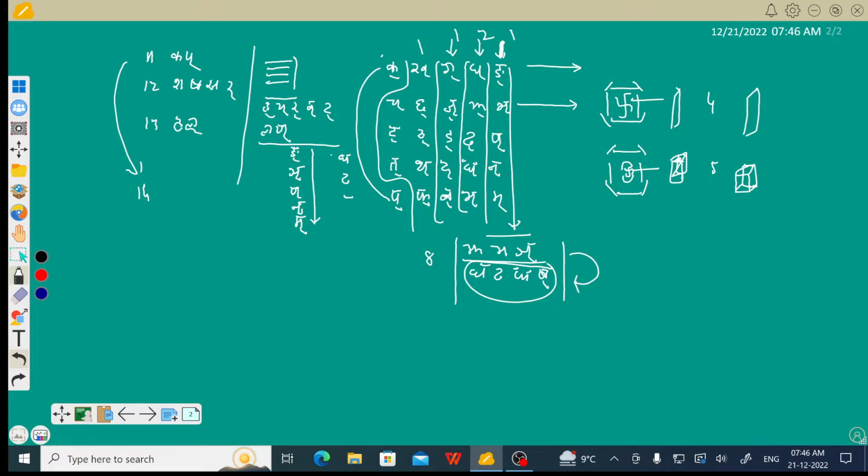These three lead to one, and here it leads to another sutra.